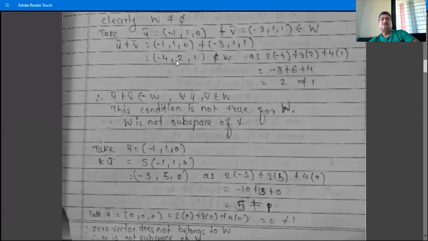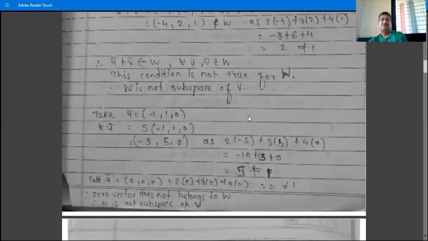And therefore (-4, 2, 1) does not belong to W. So U bar plus V bar belonging to W for all U bar and V bar in W is not true. This condition is not true for W, and therefore W is not a subspace of V.